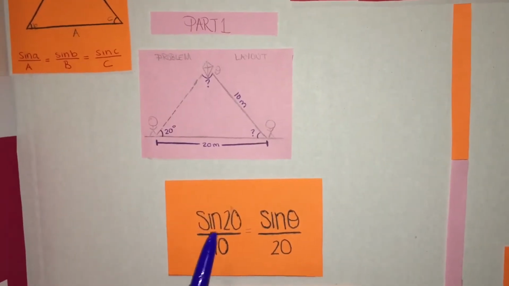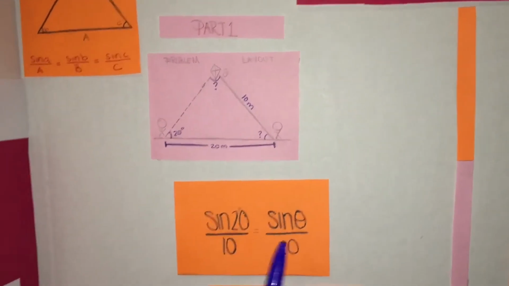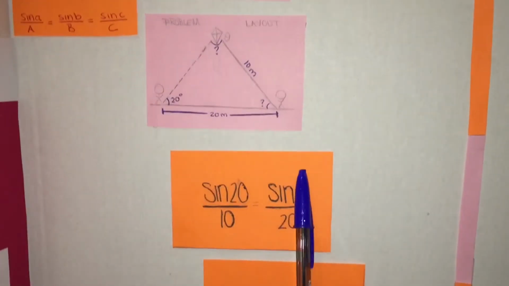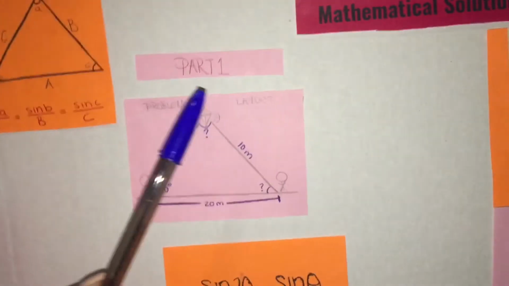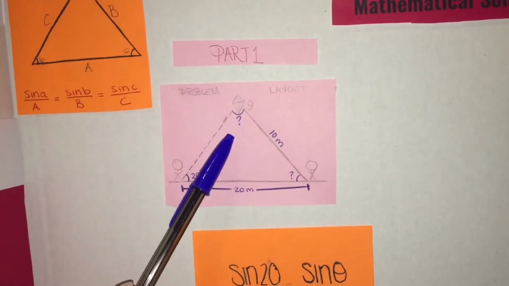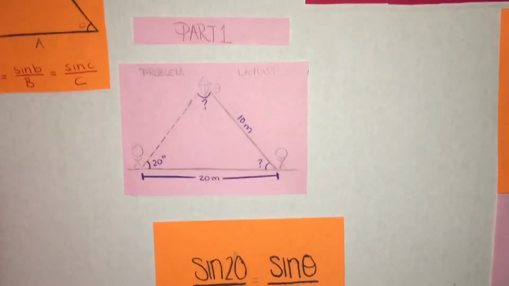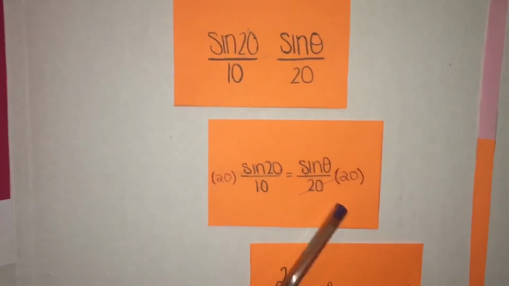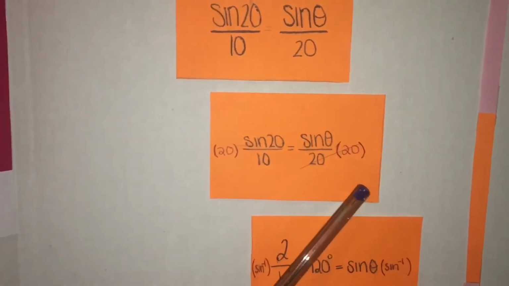So it's sine 20 degrees over 10 equals sine theta over 20. This data comes from here because I'm trying to find this angle right here, so I just named it theta. You can name it whatever. To get sine theta by itself, we multiply both sides by 20.